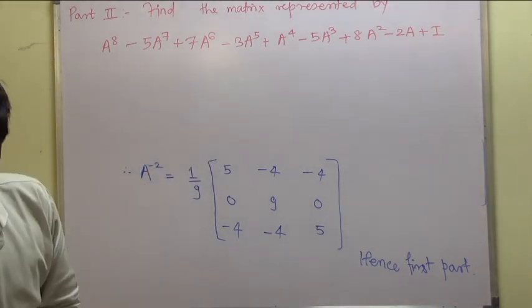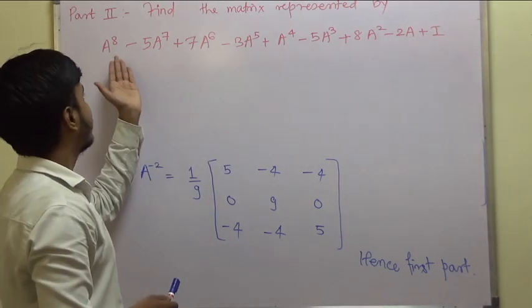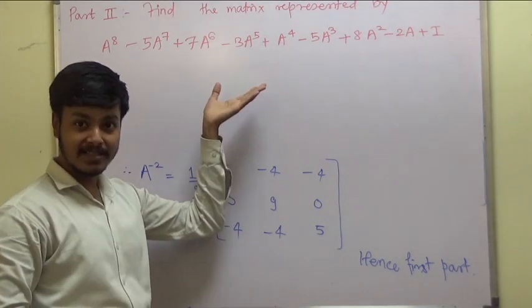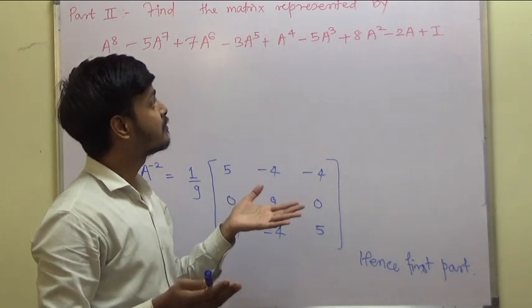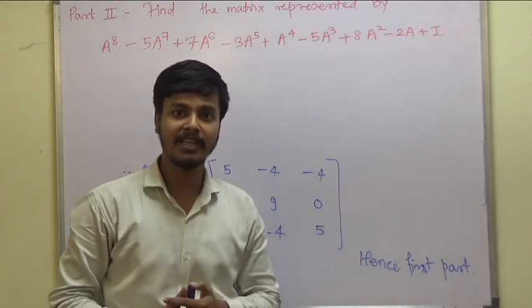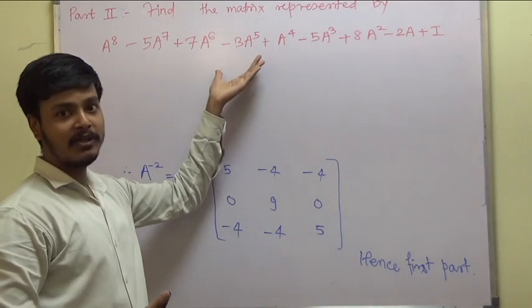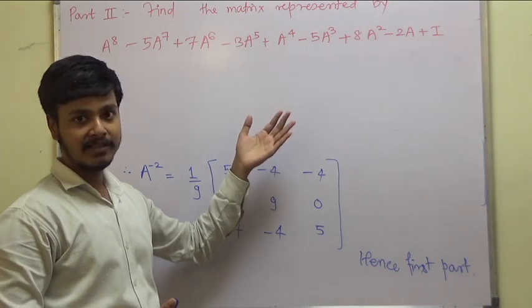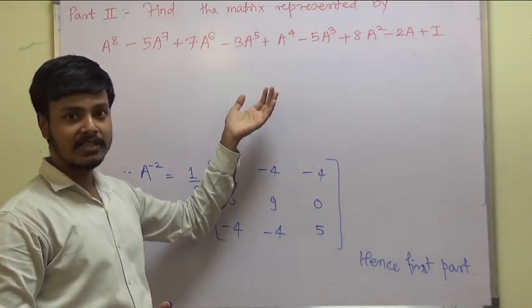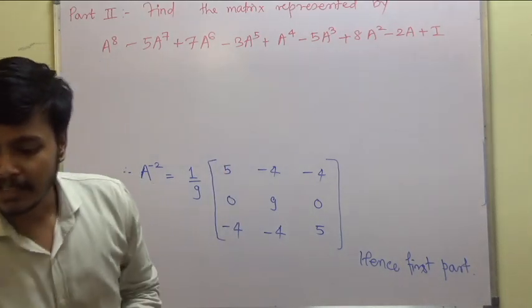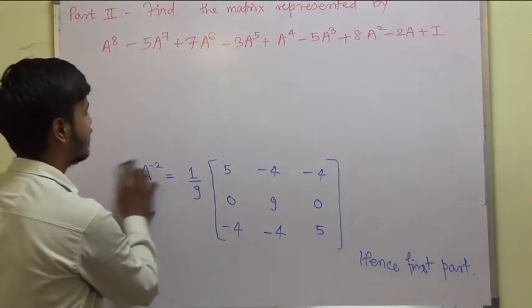See, you can find A to the power 8, A to the power 7, A to the power 6, higher order matrices. That is a very time consuming task. So what you can do is apply the Cayley-Hamilton theorem, reduce this polynomial to a polynomial of as small a degree as you can make it, and then you can do the calculations to get the answer.